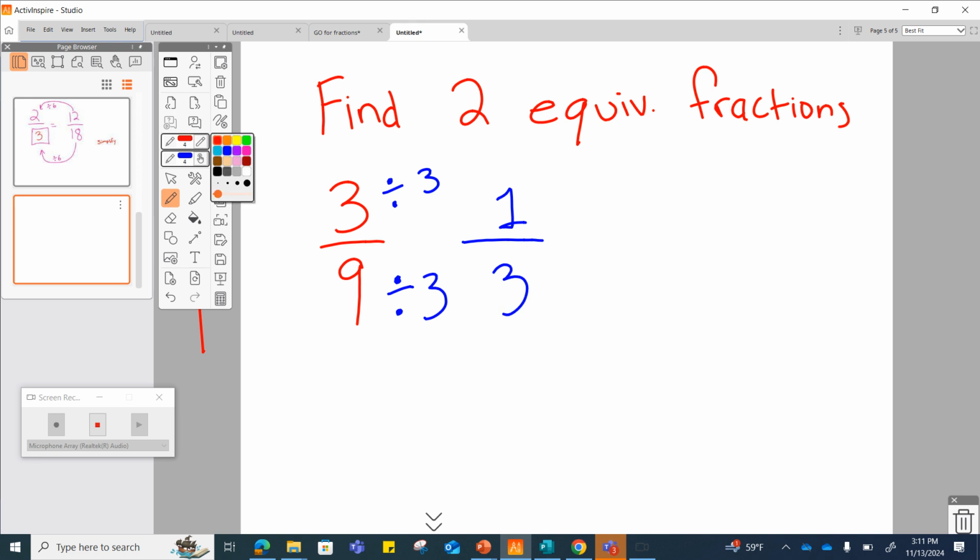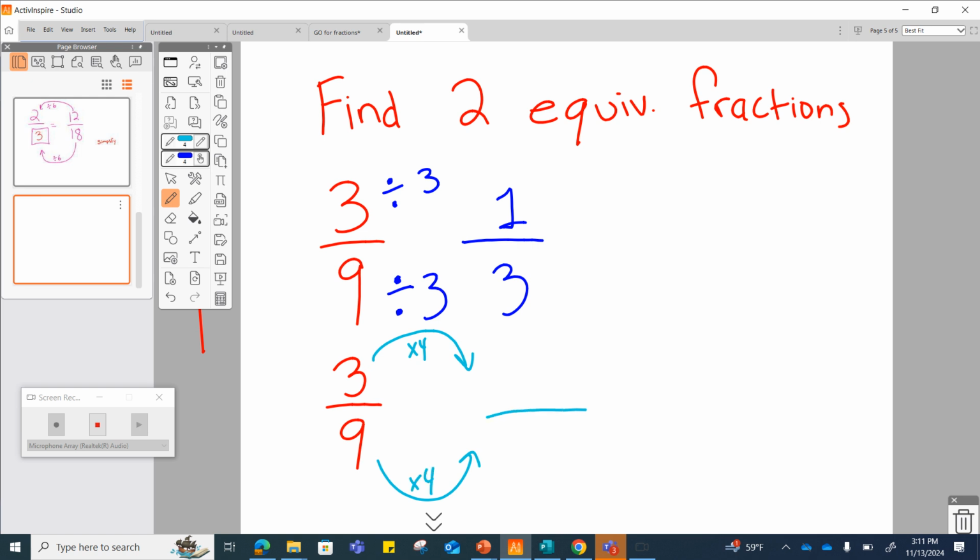I could have also multiplied the top and the bottom by any number as long as it's the same number. So for instance, let's say times 4. I just picked 4. 3 times 4 is 12. 9 times 4 is 36. Let's try another one.